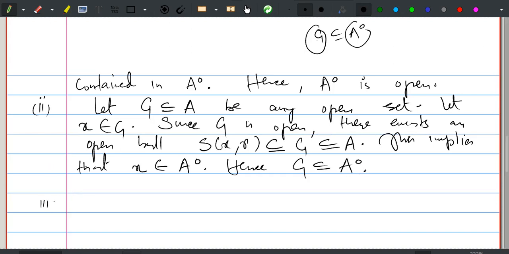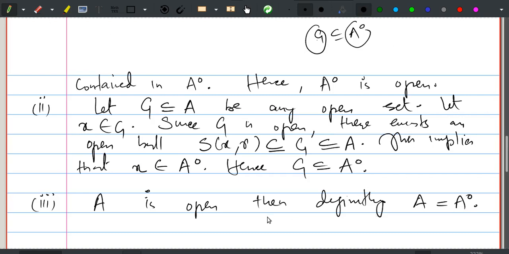Now the proof of the third part immediately follows from the first. If A is open, then each point of A is the center of an open ball contained in A. So if A is open, then definitely A is the same as A interior.